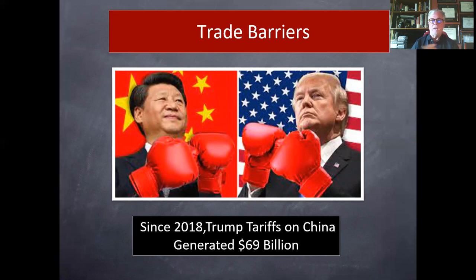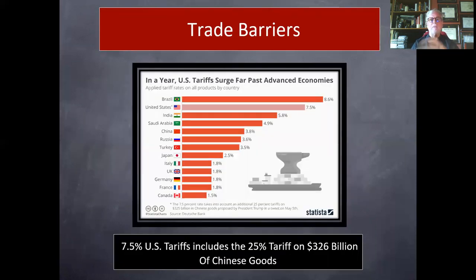Trump upped the tariffs on Chinese goods in 2018, and since then, that has generated $69 billion. And if you look at tariffs, you can see so many different countries. Some are very low. Canada, 1.5% because it's a NAFTA country. European Union countries, great. You get up here, Brazil, 8.6. Well, again, they're in turmoil, not only politically, but economically, presently.